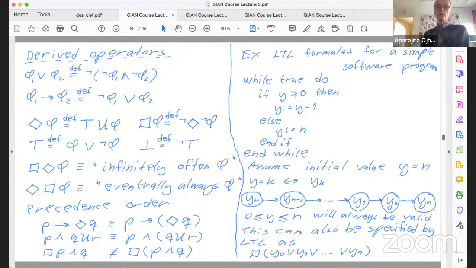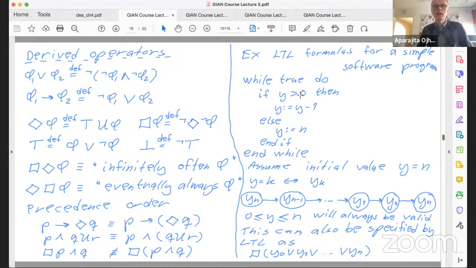But when y becomes equal to 0, then you reset it to equal n. And then you loop around. So what is done here is that when the variable is n, it steps down to 0 and then goes back to n and repeats this in an infinite loop.